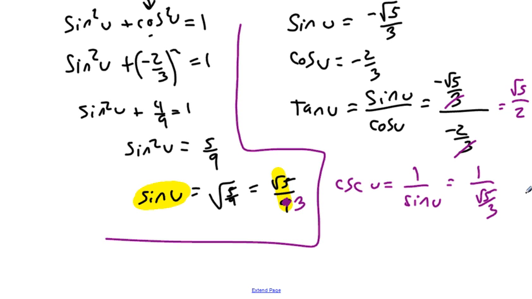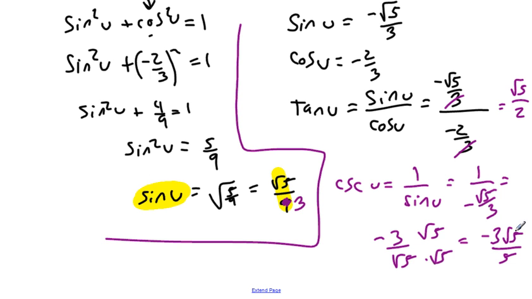But we also know, and this is very important here, that it's supposed to be negative, and we have to flip this, right? So that's the same thing as negative 3 over radical 5. But then we have to rationalize this, so multiply top and bottom by radical 5. All right, so we get negative 3 radical 5 all over 5.